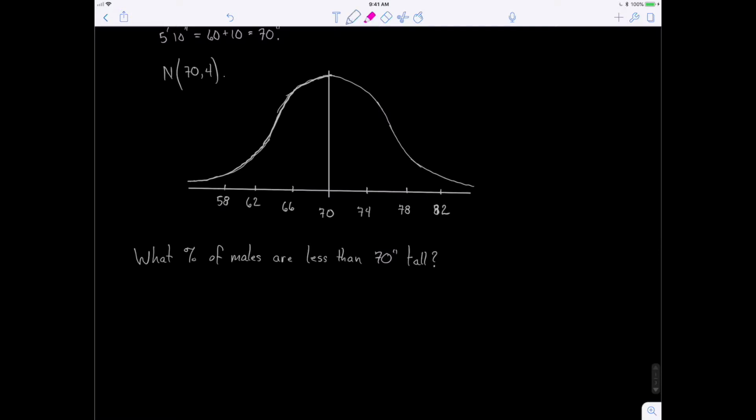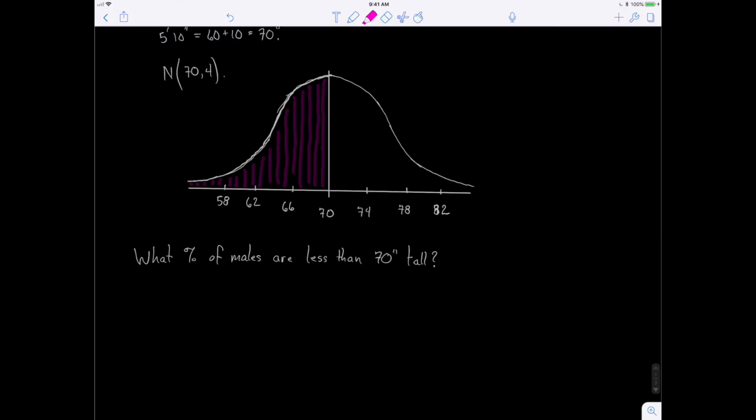Let's take a different color, maybe our pink highlighter, and highlight everything below 70. I end up doing quite a bit of coloring, and I like coloring, so that's not a problem. I would color all of this. Notice that 58 is 3 standard deviations below the mean, but I would continue even past that.